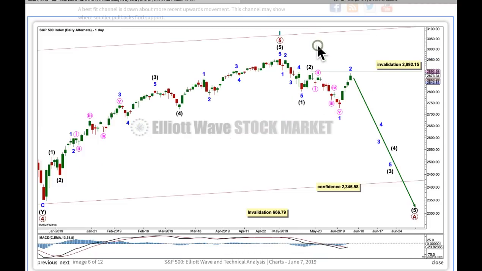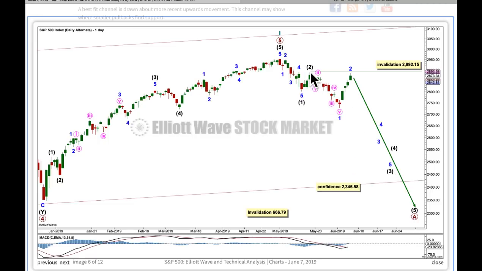Let's quickly go to the daily chart. If this is a bear market, it has to begin with 5 wave structures down. We could have 1, 2, 1, 2. We can't count this 1, 2, 3, 4 because 4 can't move into 1 price territory. And so 1, 2, 3 would be incomplete.